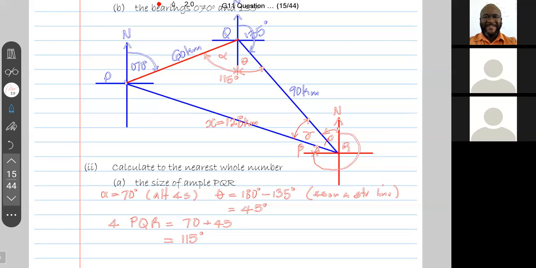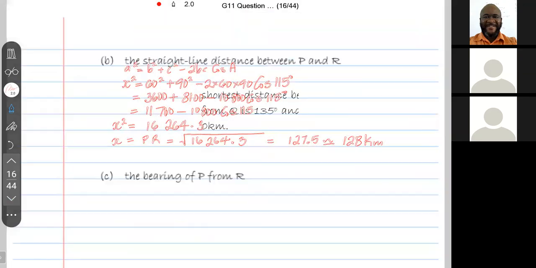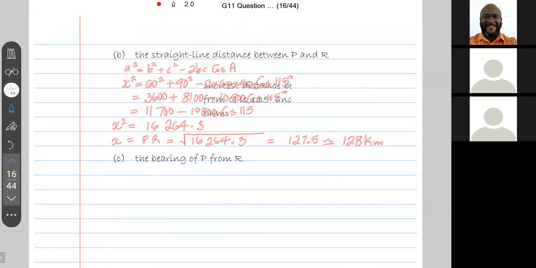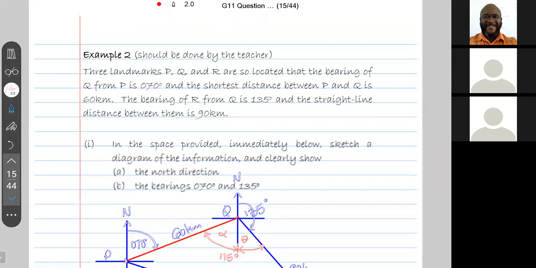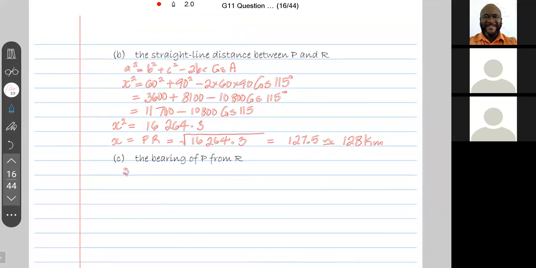So it's sine gamma over 60 is equal to sine 115 degrees over 128.